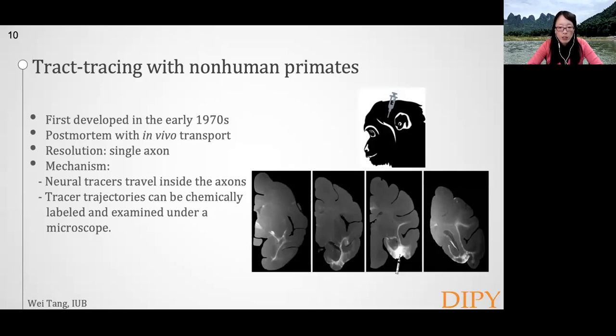The tracer molecule traveled inside the axons in the intact, unleashed brain. The animal was then sacrificed, and the brain was sliced and prepared for staining. Chemical reactions in the staining process made the trajectories of the tracer visible under the microscope. So we can trace its origin, passage, and termination.